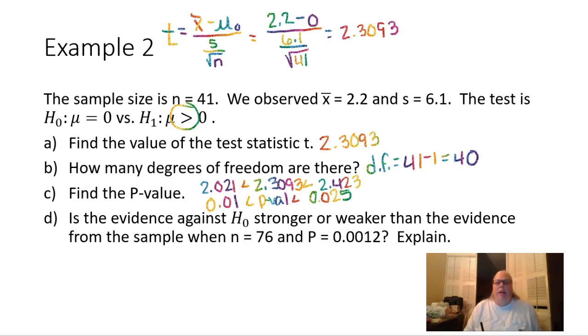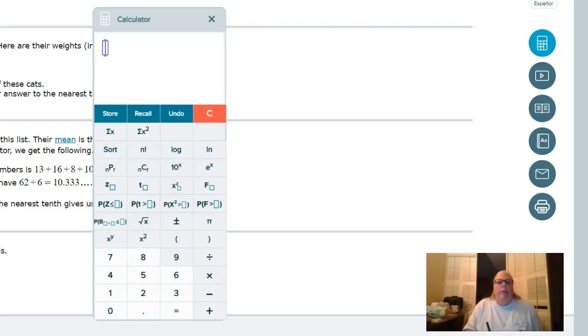The actual p-value from the ALEKS calculator with 40 degrees of freedom is 0.0131.